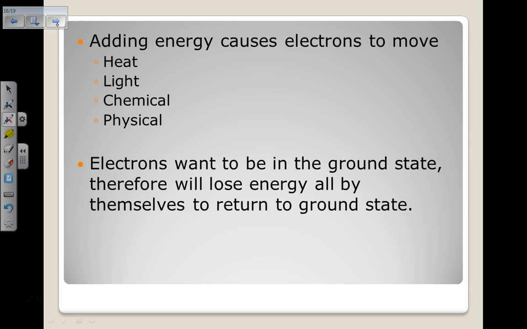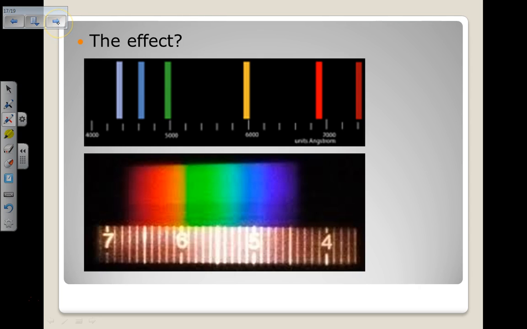We can add electrical energy. When you add energy, the electrons will move up into an excited state, but electrons want to be in the ground state, so they go from an excited state down to a ground state all by themselves. And what happens is you see the energy emitted.